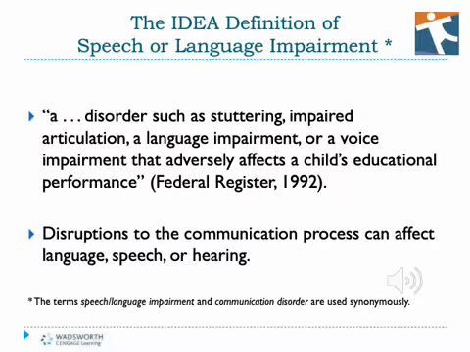In terms of expressive language, we know children whose primary difficulty is in learning and using language can sometimes be referred to as having a specific language impairment.